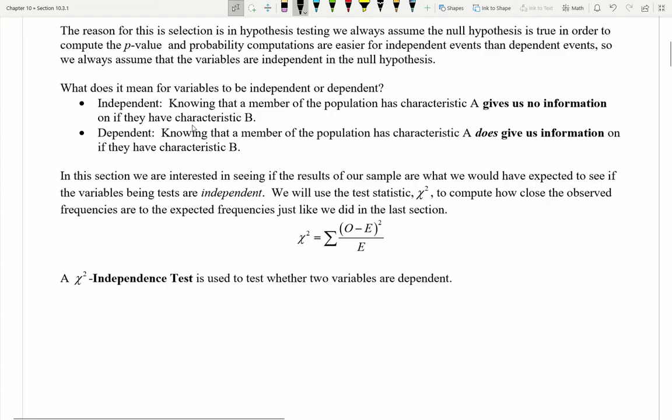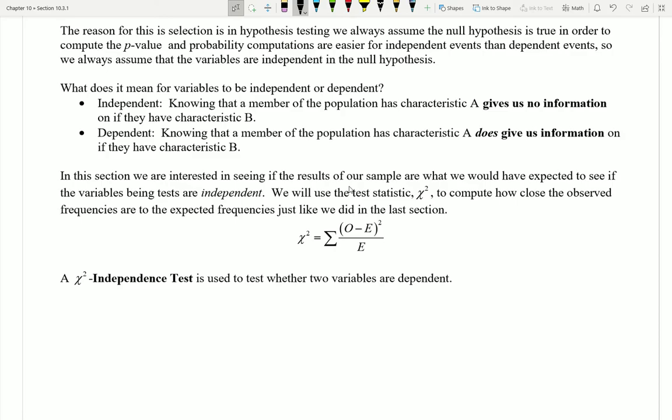Ultimately, if two variables are independent, that means that knowing a member of a population has characteristic A, meaning they meet the description from the first variable, gives us no information about whether the member also has characteristic B. In a similar way, if two variables are dependent, then knowing that something meets characteristic A does give us information as to whether they have characteristic B. So in this section, we're interested in seeing if the results of our sample are what we would expect to see if the variables being tested are independent.